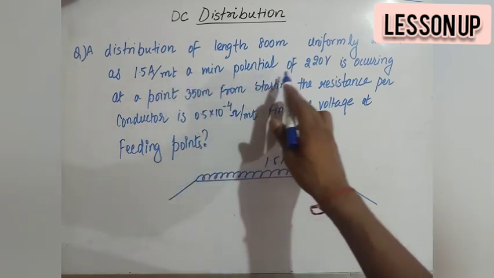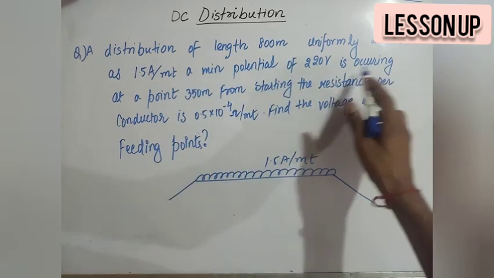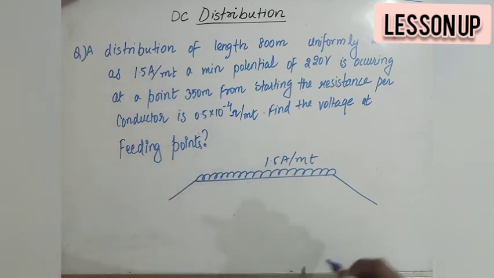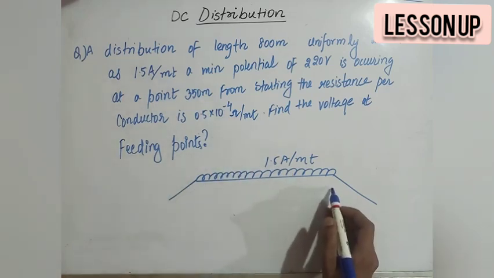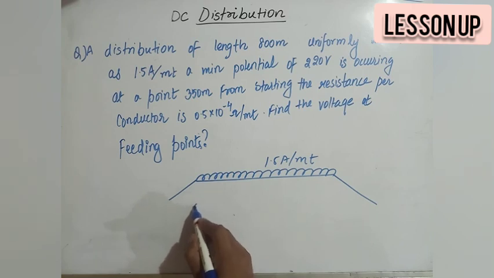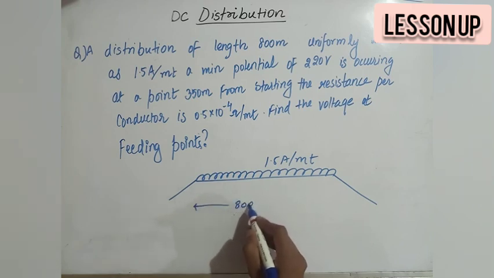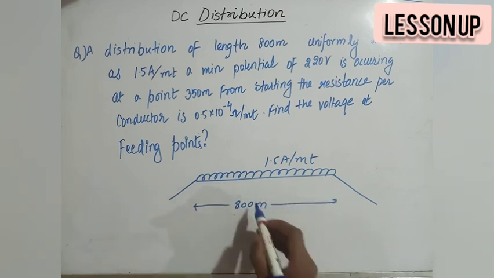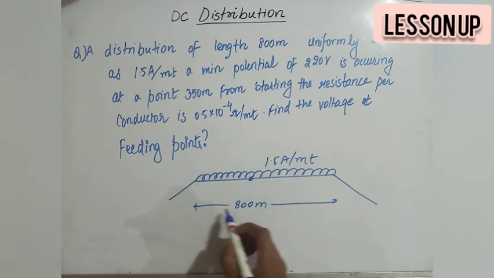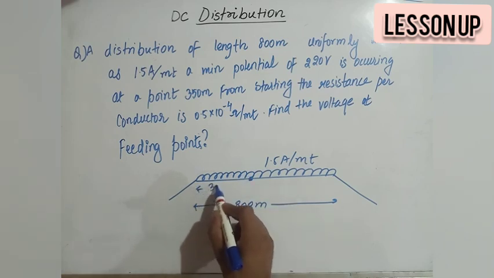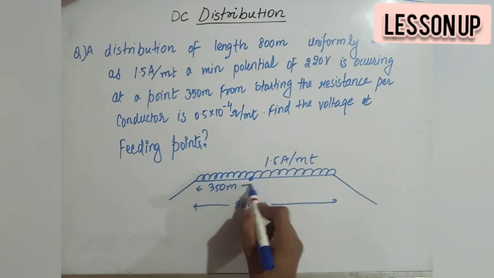A minimum potential of 220 volt is occurring at a point 350 meter. So the total length of line is 800 meter and the minimum potential point occurs at 350 meter.